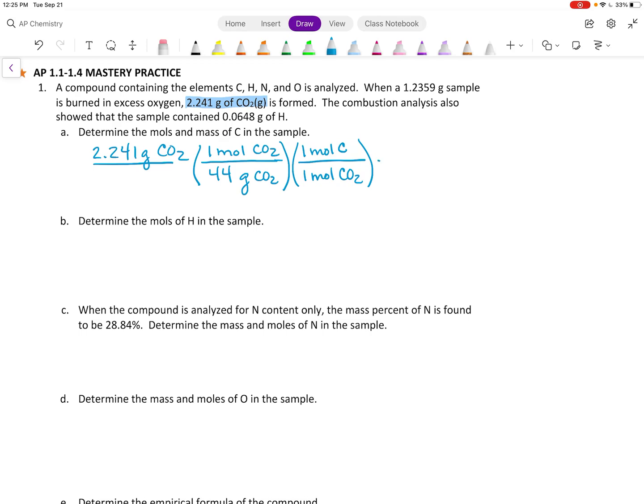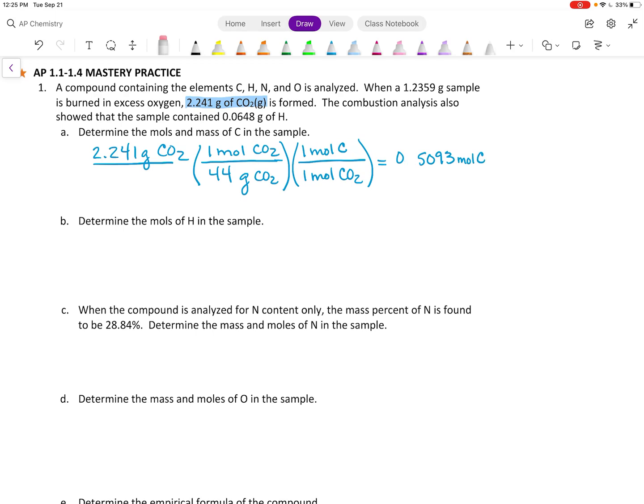And so we go ahead and do the 2.241 divided by 44, and I go ahead and subtotal this one. It was asked for both, but even if you're determining the empirical formula, you may want both of them. So 0.05093 moles of carbon, okay?